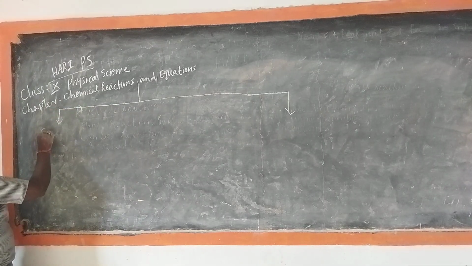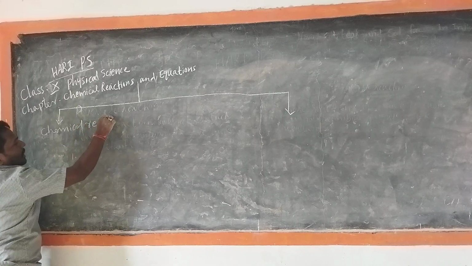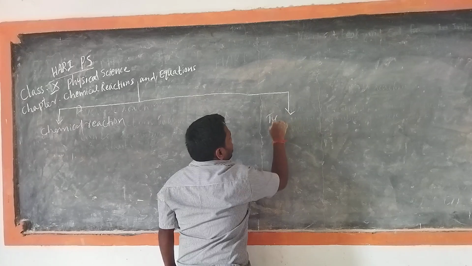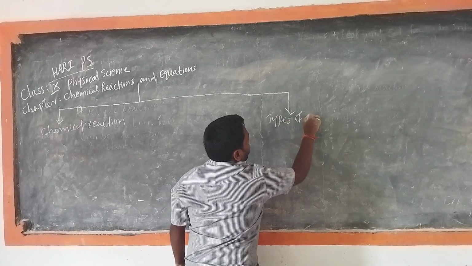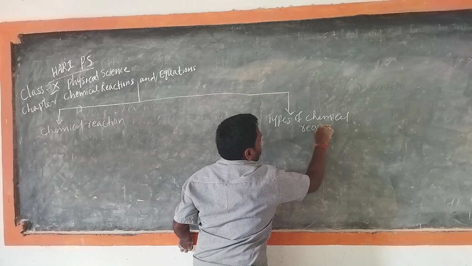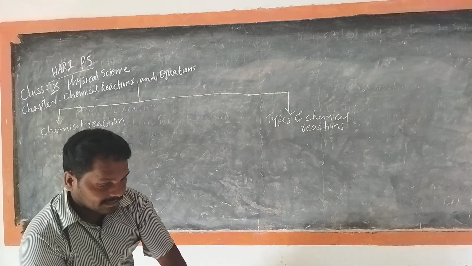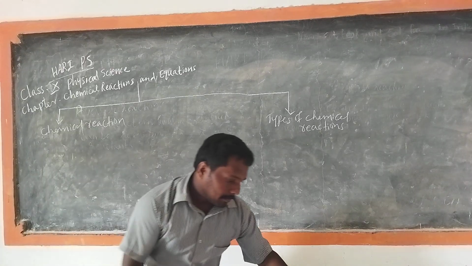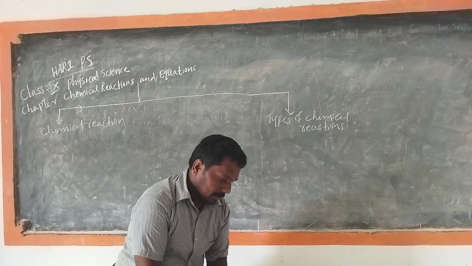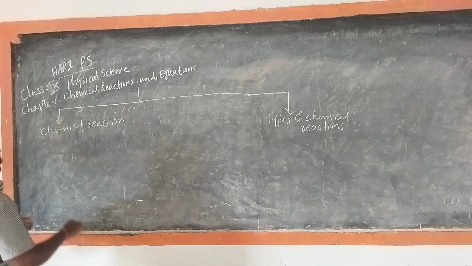One is chemical reaction and the other is types of chemical reactions. Chemical reactions are categorized into two.